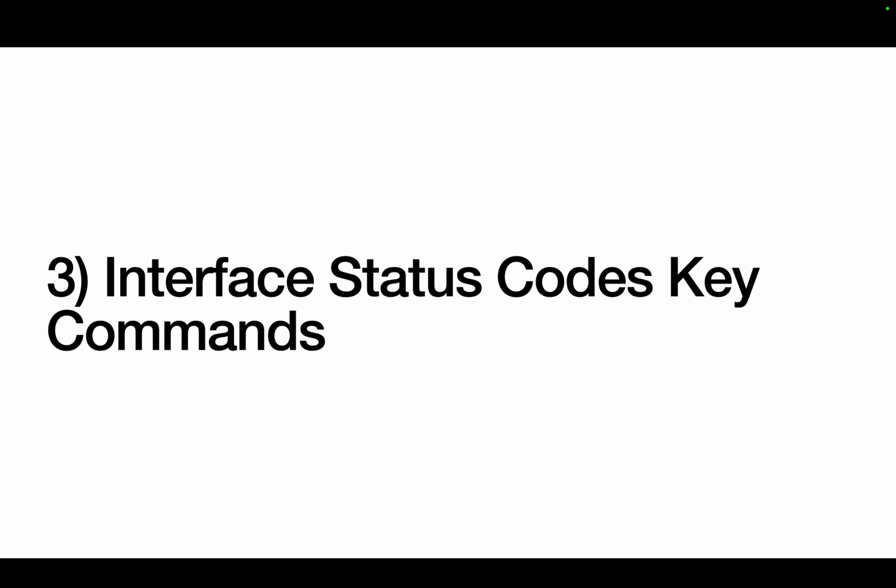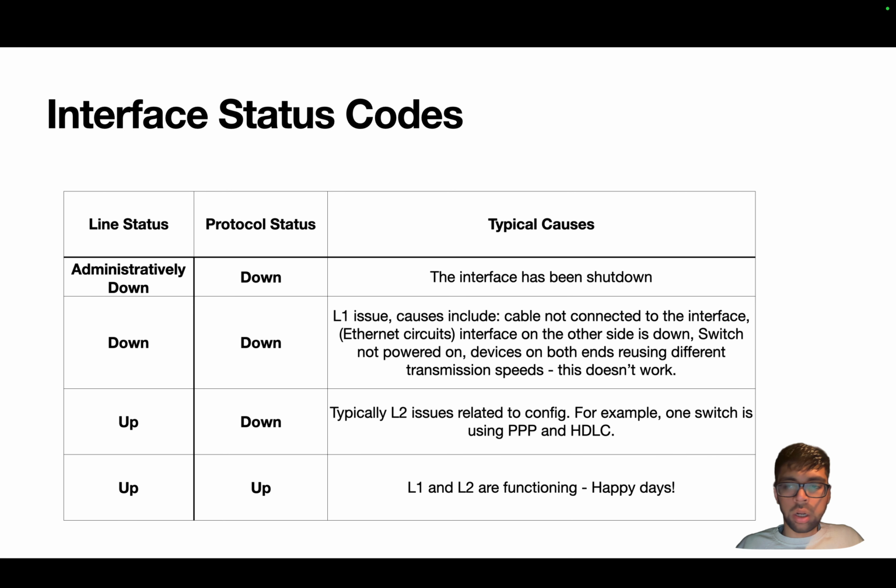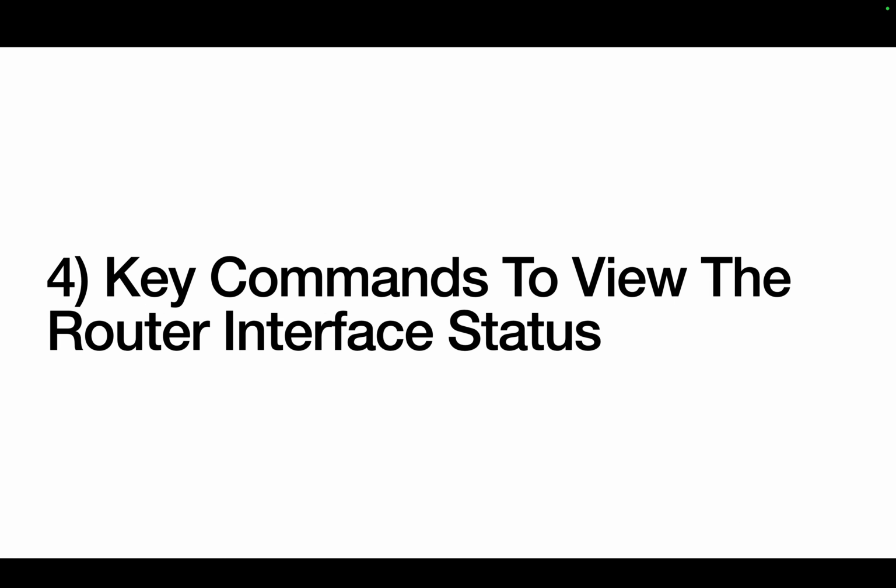Let's look at interface status codes now. Okay, the key commands we need to know about. So this table shows the different combinations of these codes. For example, line status administratively down, protocol status down. It's important.